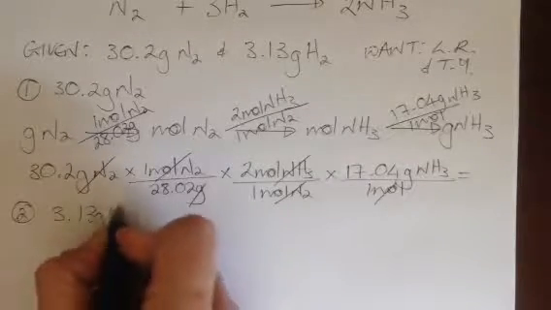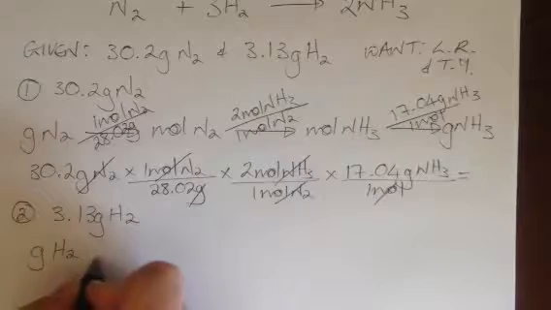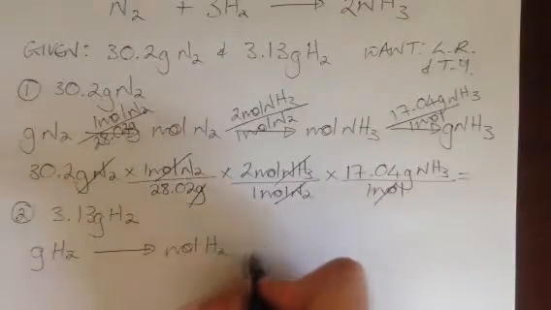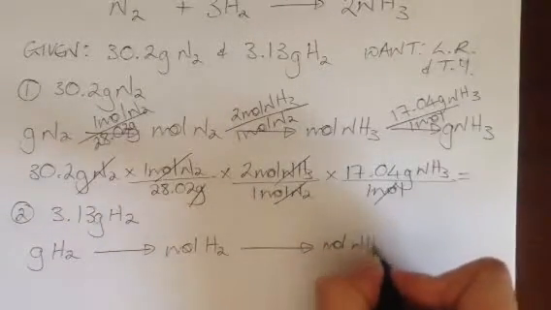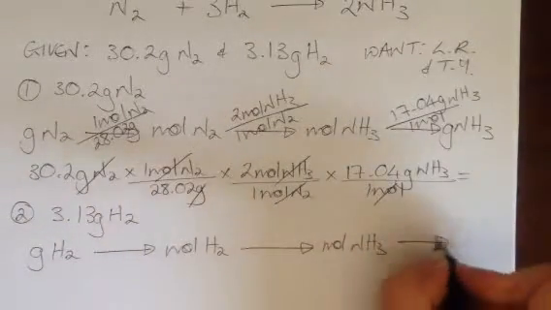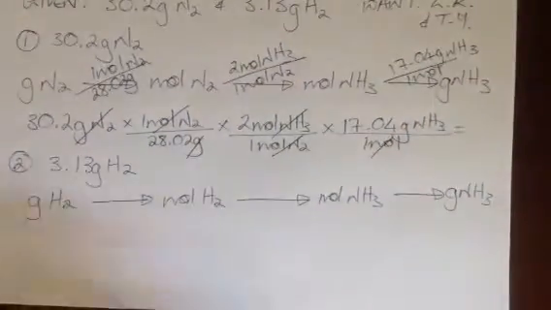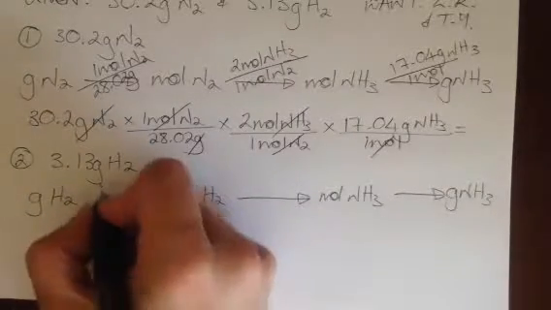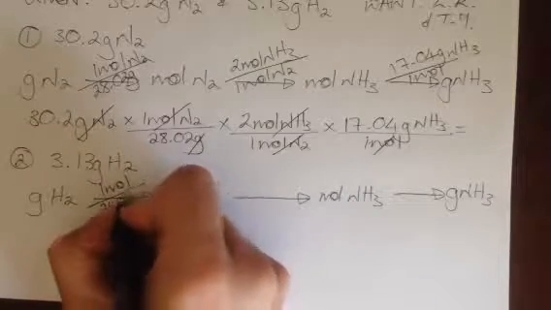So this time we've got 3.13 grams of hydrogen. So we're going to go from grams of hydrogen to moles of hydrogen to moles of ammonia to grams of ammonia. Grams to moles, we need the molar mass. So 2 times 1.01 is 2.02 grams. We want grams on the bottom.